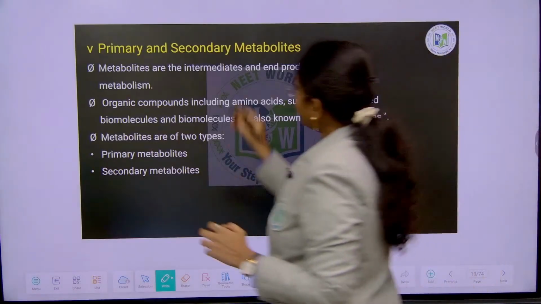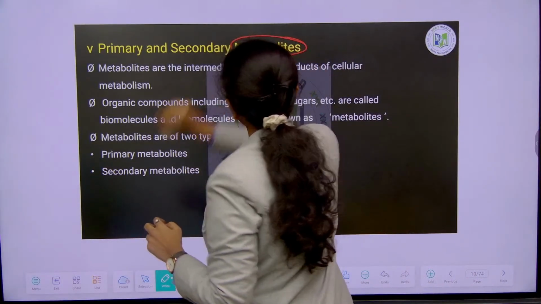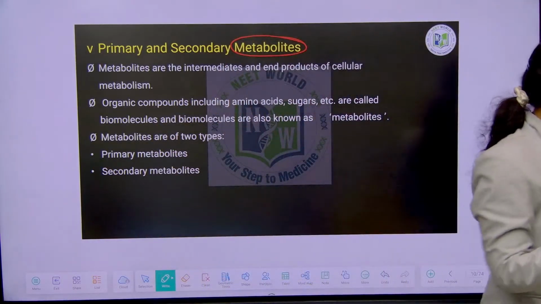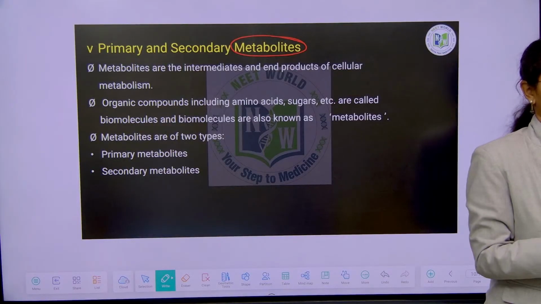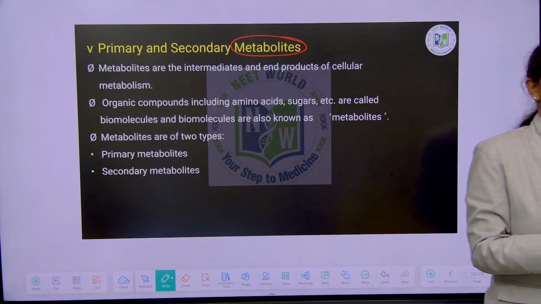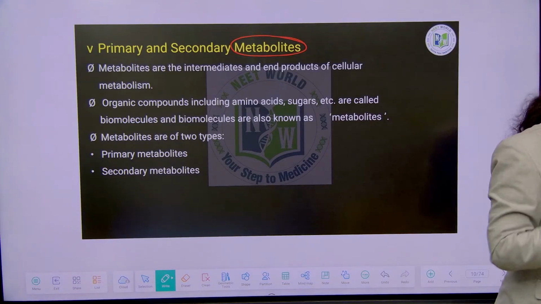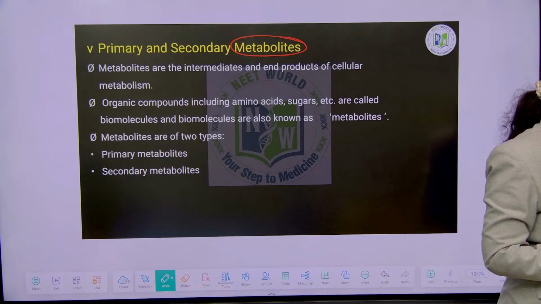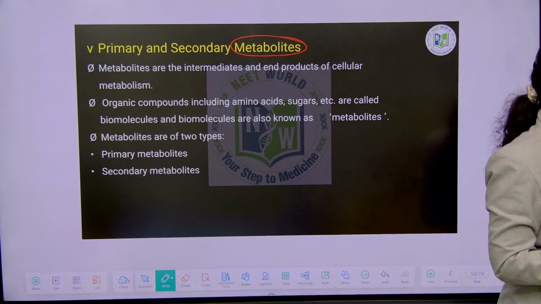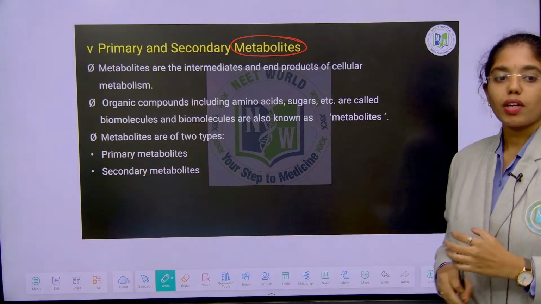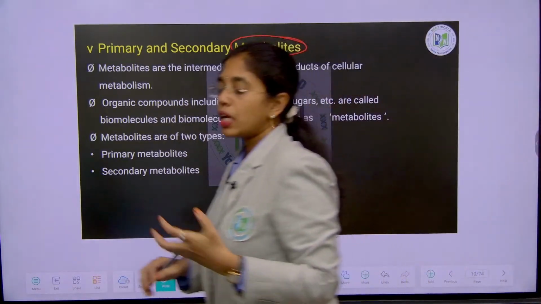See, first of all, what is the meaning of the term metabolite? You think for a while. What is a metabolite?